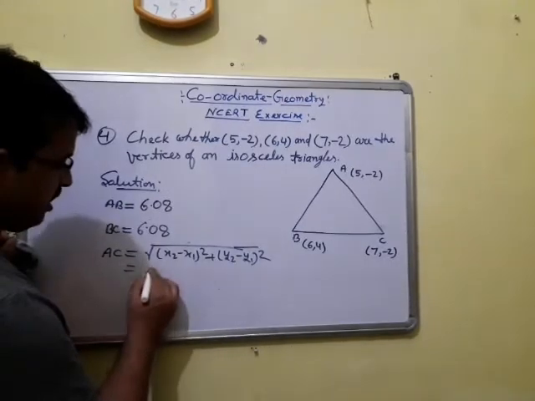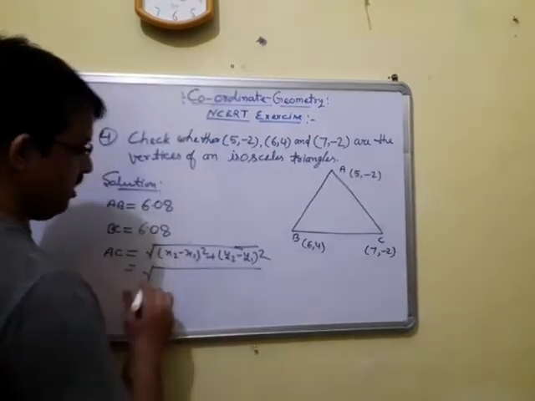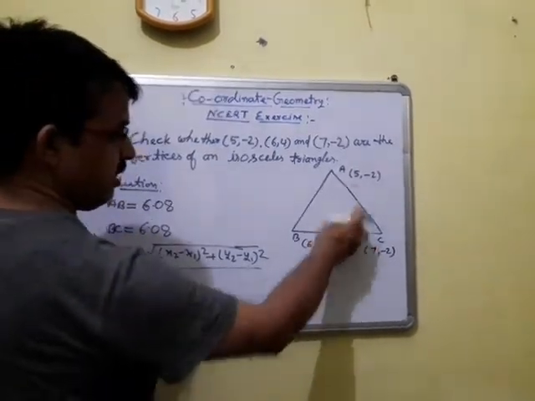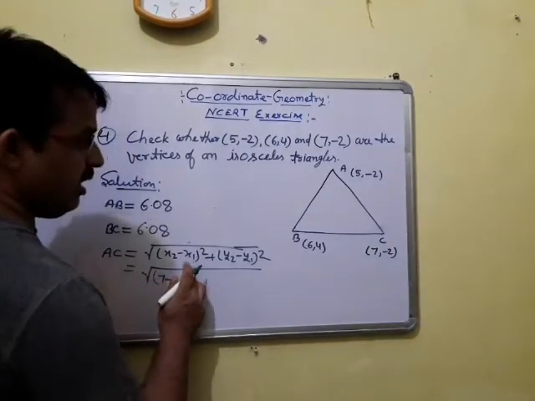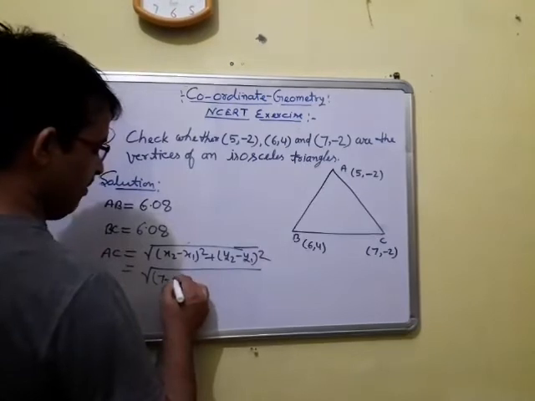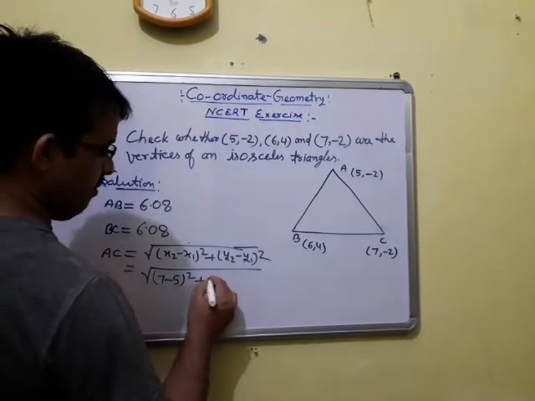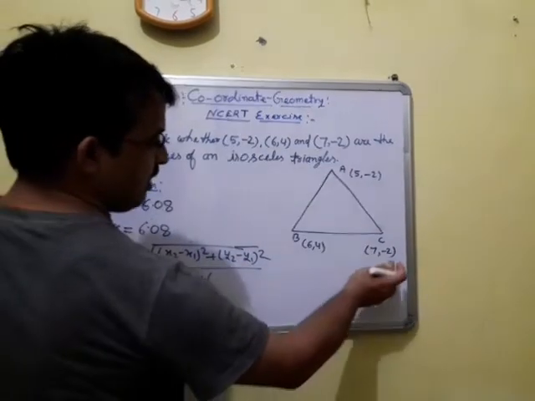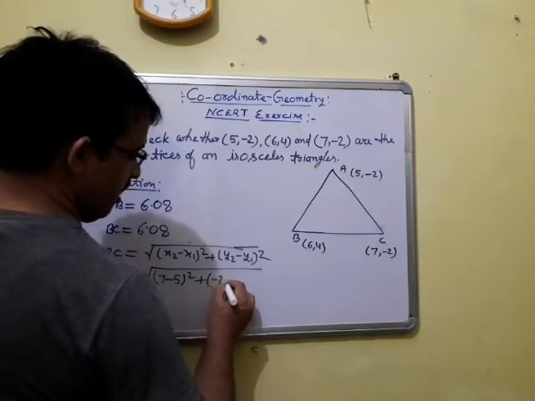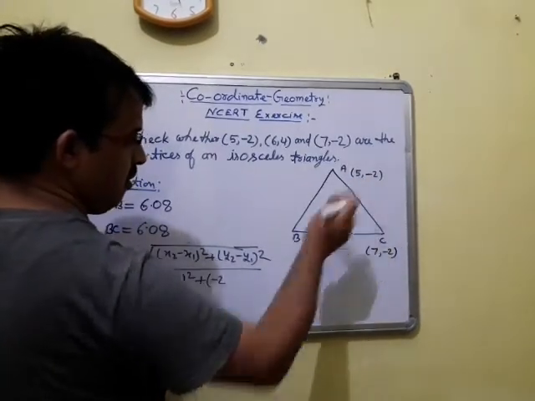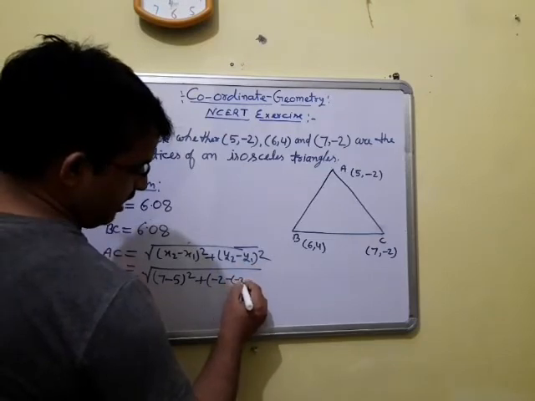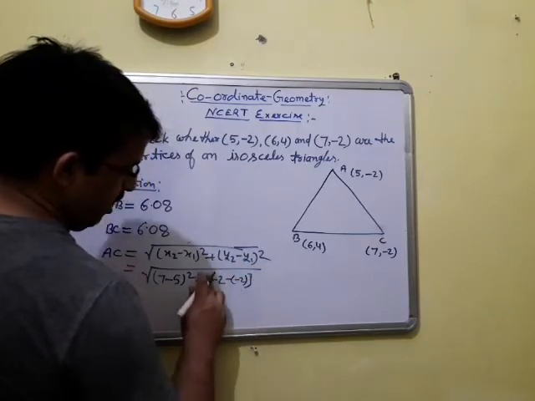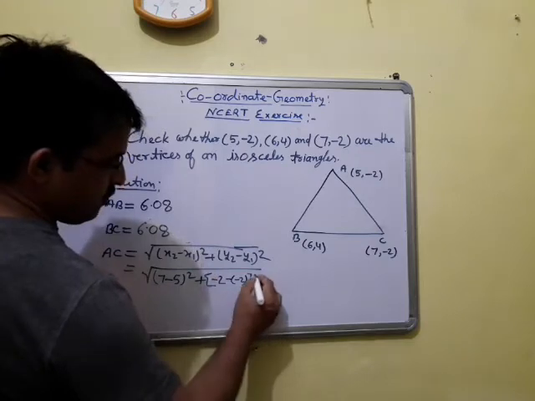So x2 is 7 and x1 is 5, whole square, plus y2 is minus 2 and y1 is also minus 2. Clear? Minus 2 whole square.